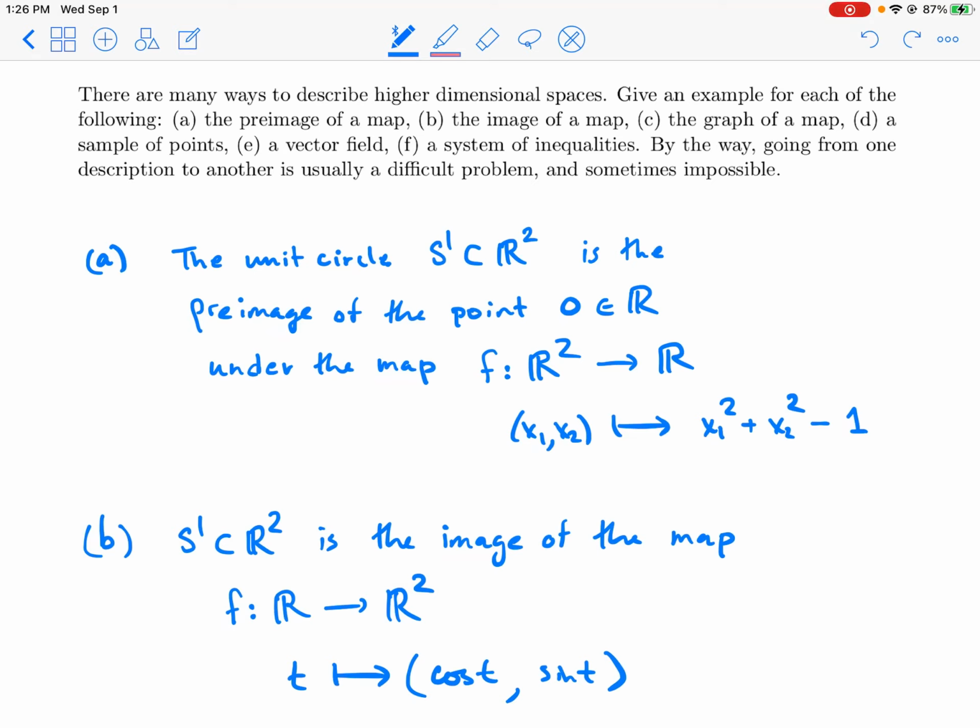And in my experience, in classes in the future, professors sometimes forget that it's impossible in general, and they pretend like it's very easy in the particular example they're looking at. For example, like the circle, it happens to be easy to go from one to the other. But in general, it's impossible.